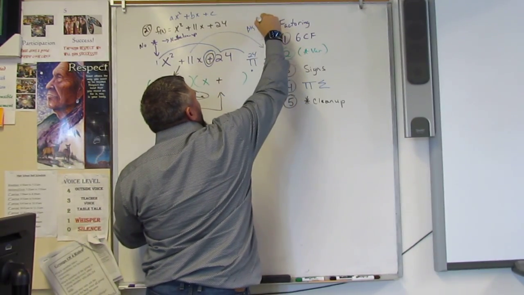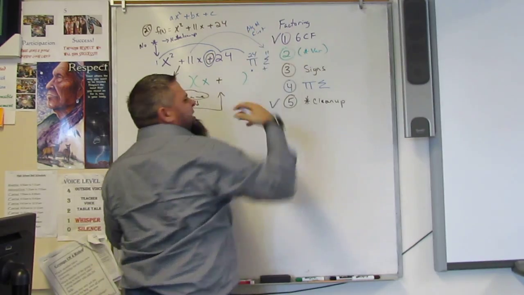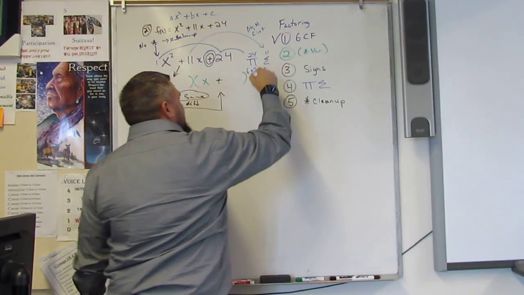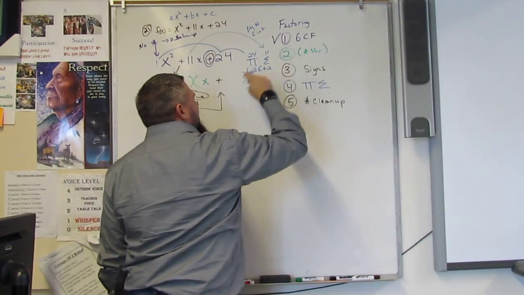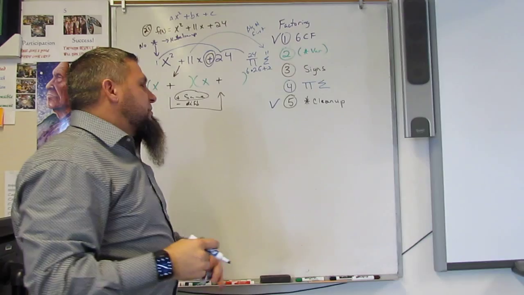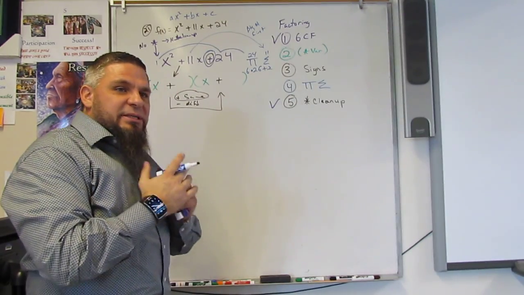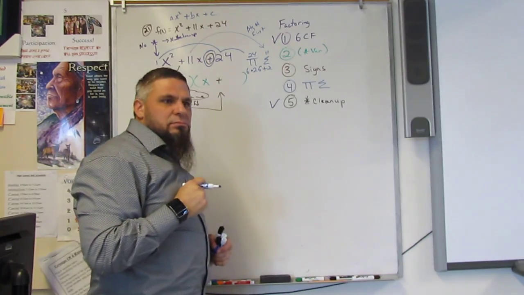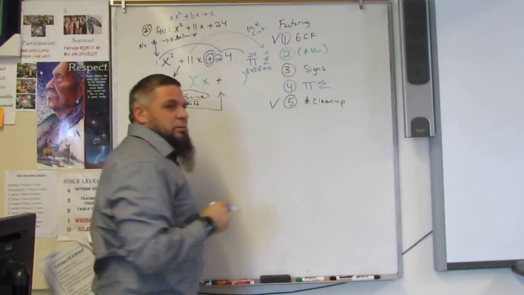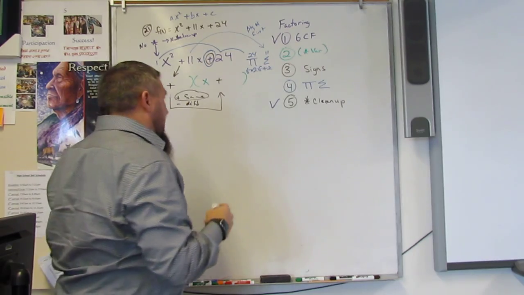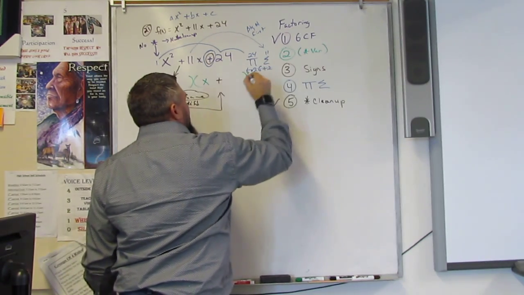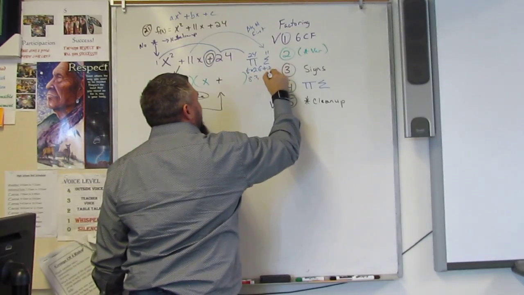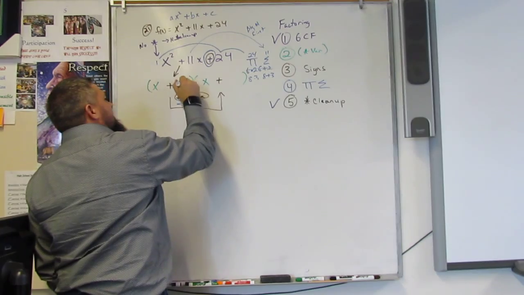So 6 and 2, would that add up to be 11? No. So that doesn't work. 8 and 3. Okay? 8 and 3. Does that multiply to be 24? Uh-huh. Does it add to be 11? Yep. Then it's 8 and 3.